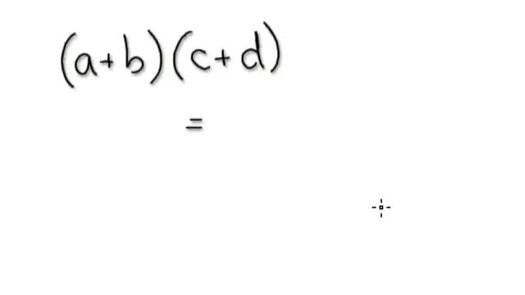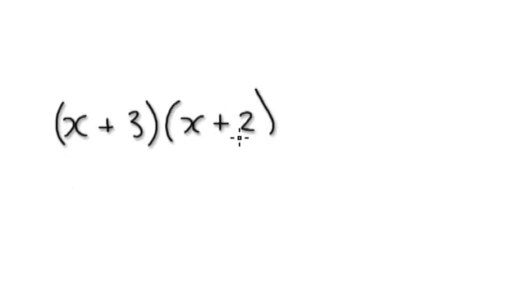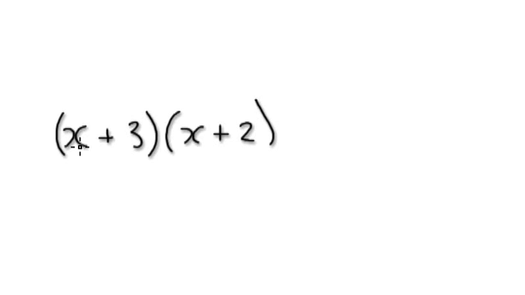In the previous video, I showed you that when you have one bracket times another, it's like doing a times c, and then a times d, and so on. So in this video, I will give you some examples. What is this bracket times this bracket?